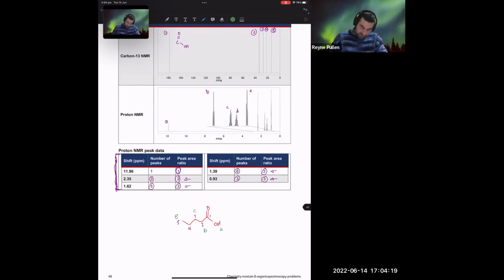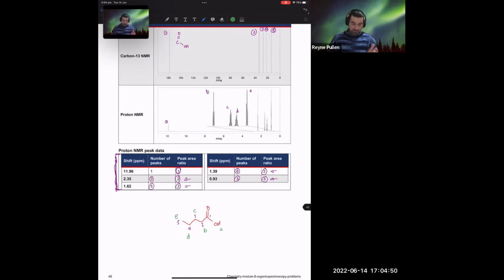So this would mean that this is going to be C and that we're going to be D. If we think about proton environment C, it's got a quintet, 5 spikes in our peak. So the n+1 rule would state that it needs to have 4 hydrogens around it. And if you look on either side of that carbon environment 3, they're both going to have 2 hydrogens. A total of 4 explains the splitting of 5.